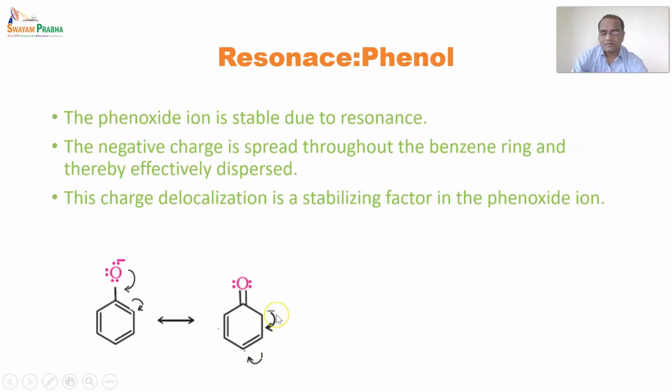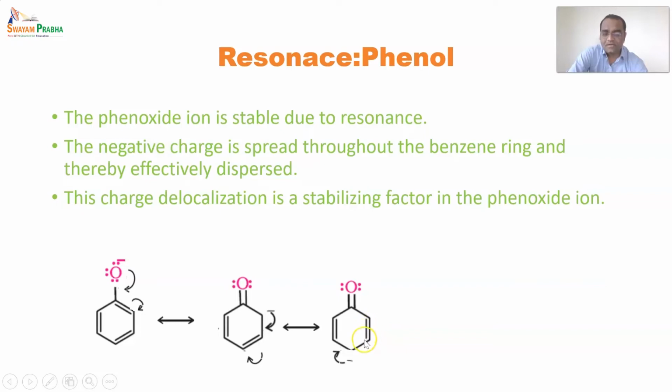So the ortho and para carbons now carry negative charges, and the charge will transfer further, again shown by a resonating structure. Here you can see that what was an ortho carbon has now become a para carbon carrying a negative charge, and due to the transfer of electrons from the ortho carbon, a bond has shifted and a new bond has formed, so the location of this bond has changed.